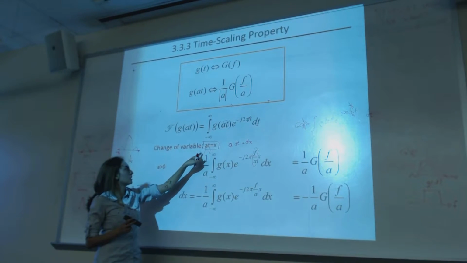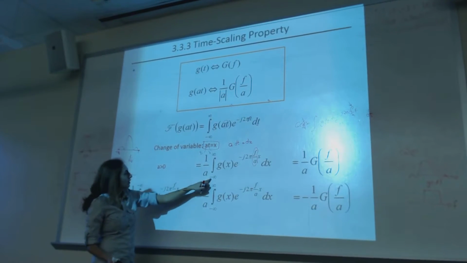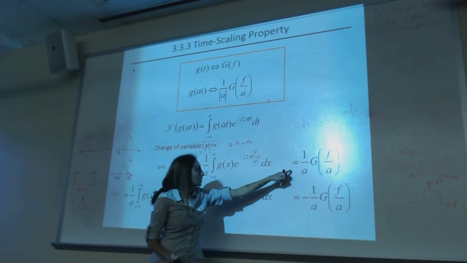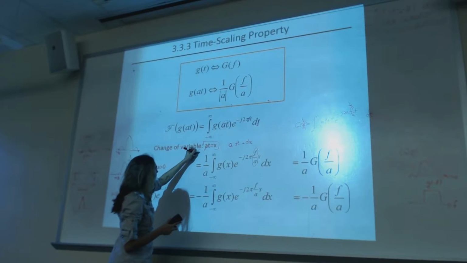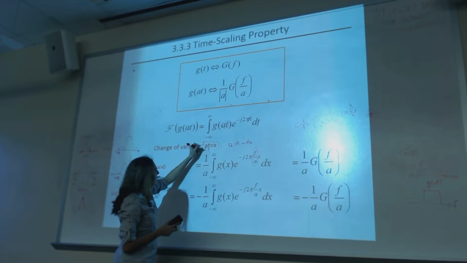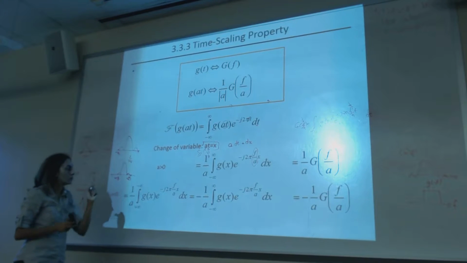Minus infinity times a is again minus infinity, and plus infinity gives plus infinity. That's good. But if your a is negative, let's say a is negative 1, and your t is minus infinity, what do you get for x? Plus infinity.